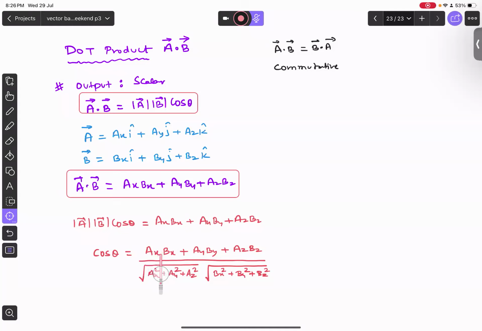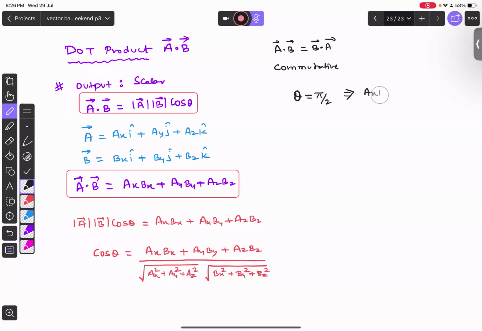Cos theta becomes 0 only when the numerator is 0. So if theta is 90, the dot product of two vectors will be 0, so Ax Bx plus Ay By plus Az Bz will be 0. Whenever I have to check perpendicularity, dot product will always be the choice.